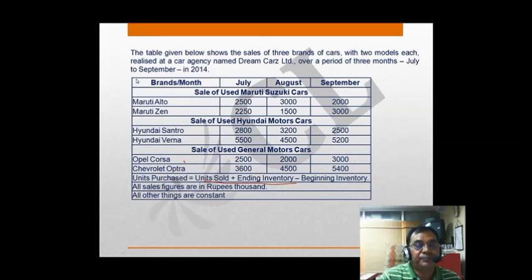Okay, Opel Corsa. So 2500. So I'm just calculating 2500 upon 8, or 2000, 3000.